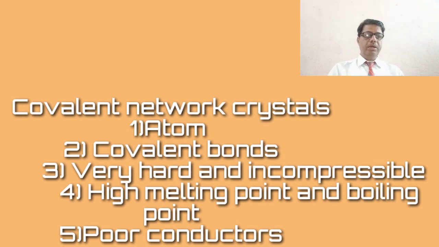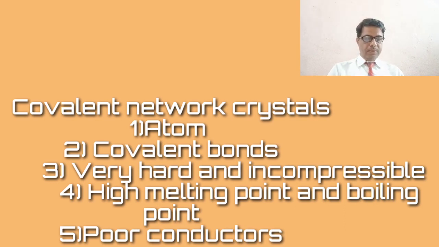The constituent particles here are atoms. They are strongly held by covalent bonds, formed by sharing of electron pairs between two different atoms, giving a 3D network structure. Due to it they obtain rigidity or hardness, and therefore they are incompressible and also have high melting and boiling points.